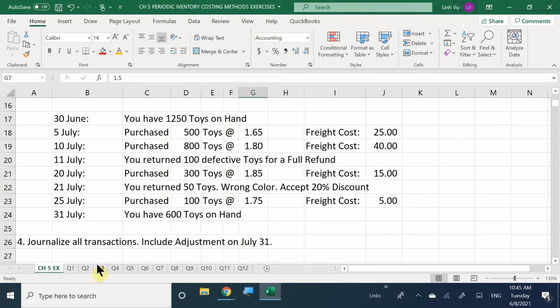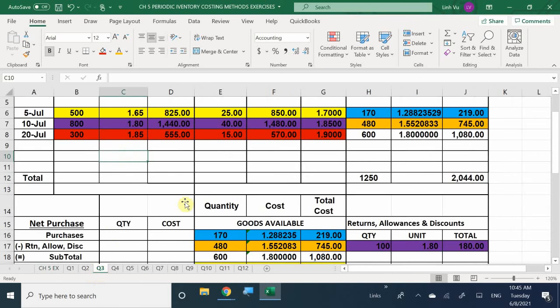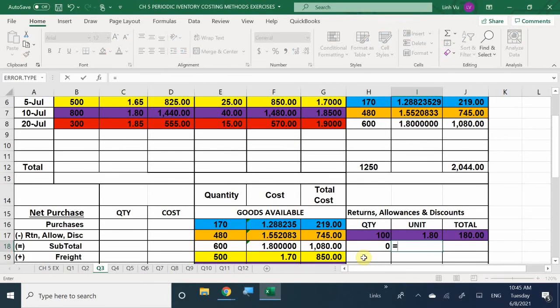So in this case, I'm not returning anything. However, what am I going to be taking a discount off of? Which batch? The red one? The red one, right? So in this case, I'm returning 50. At what cost am I allowed to take the 20% discount off of? Oh, the $1.85. The $1.85, yes.